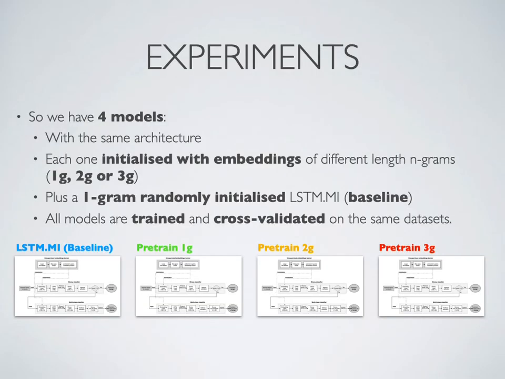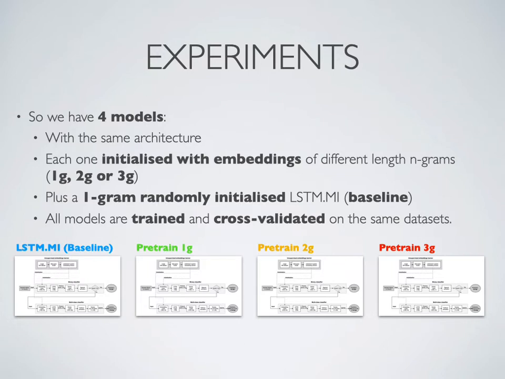So we use the same neural architecture to obtain four models. The difference is that in our baseline model, the embedding layer is initialized in a random way. This is the implementation from the paper cited in the previous slide.